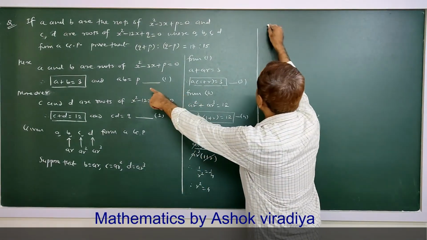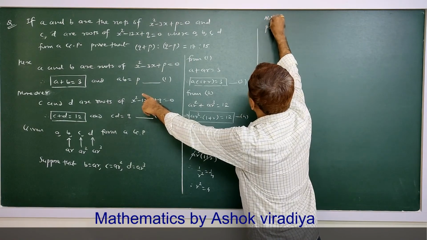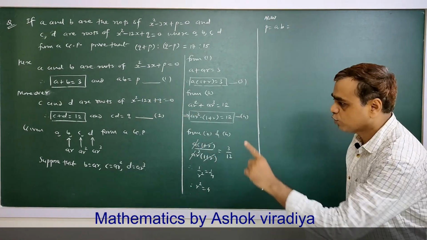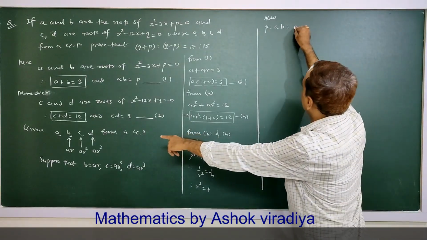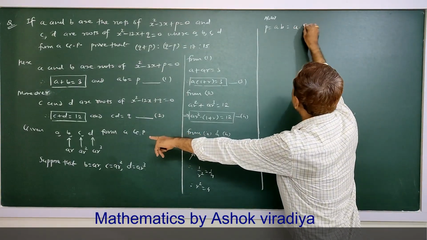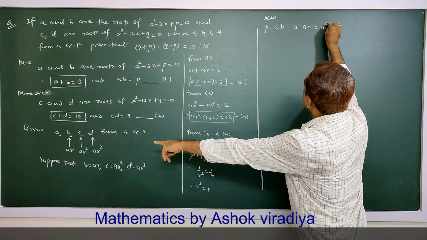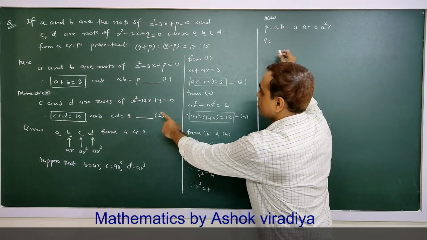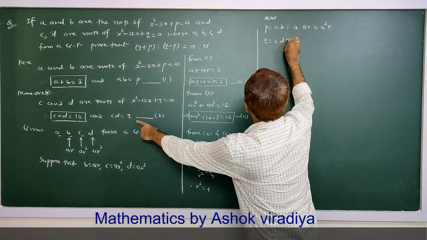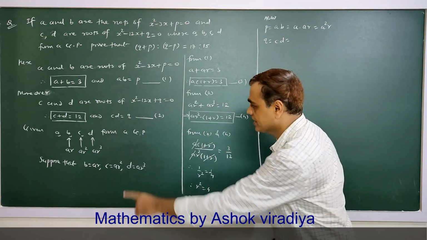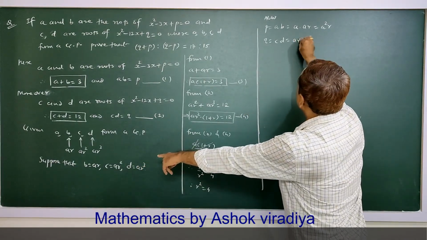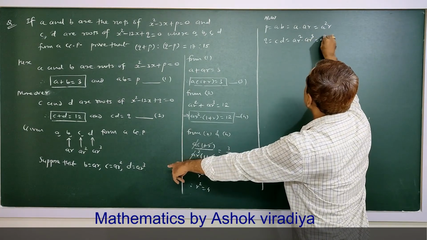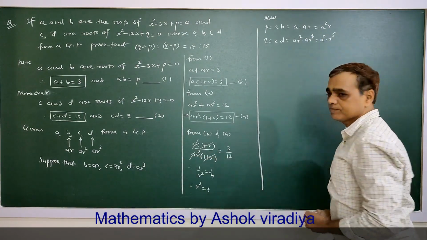Here P is A into B. Now what is A? A already is A, but B is AR. So P is A square R. And Q is C into D. What is C? C is AR square. D is AR cube. So it is A square into R raised to 5.